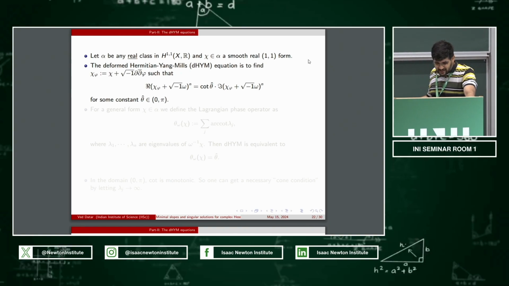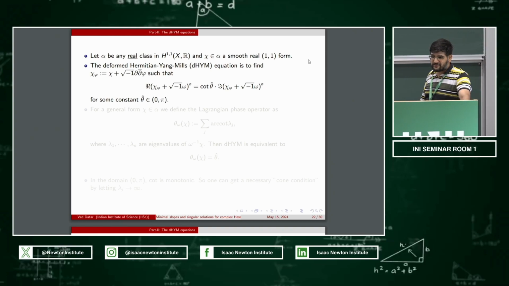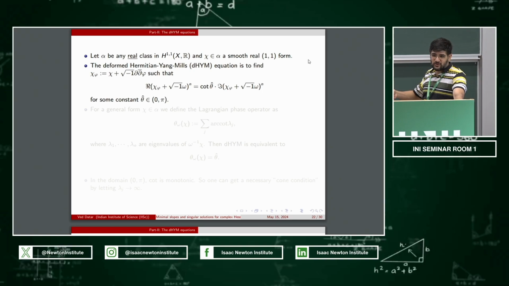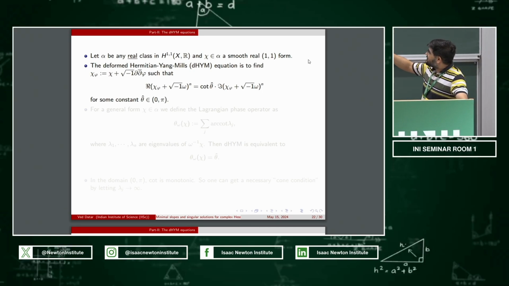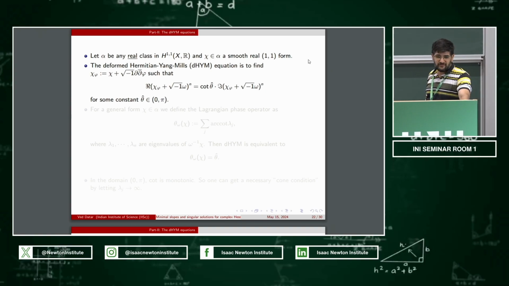The main motivation was that this is supposed to be the mirror to the special Lagrangian equation, or at least a special case of that. In general, you have to also look at vector bundle versions. The equation I'm writing down is the line bundle version, which is a scalar equation. The vector bundle versions will be PDE systems.